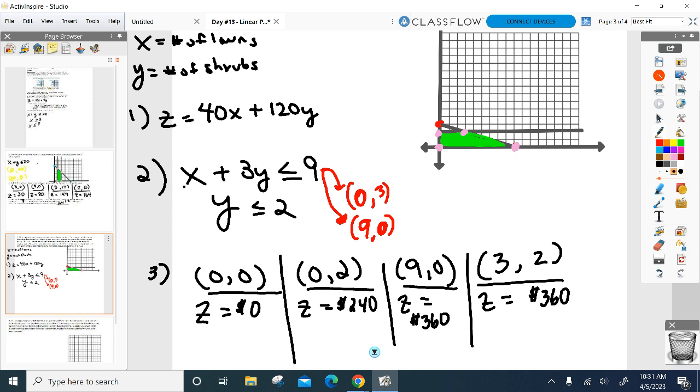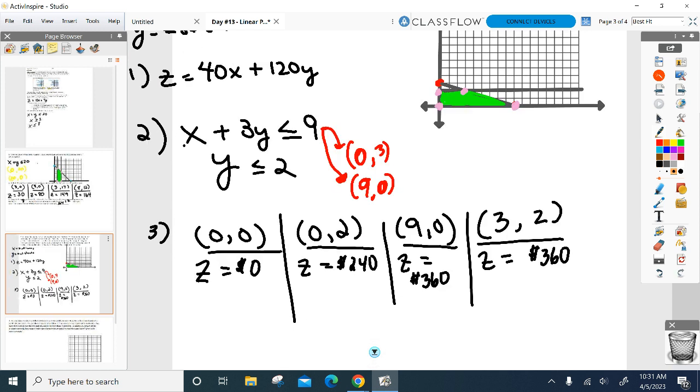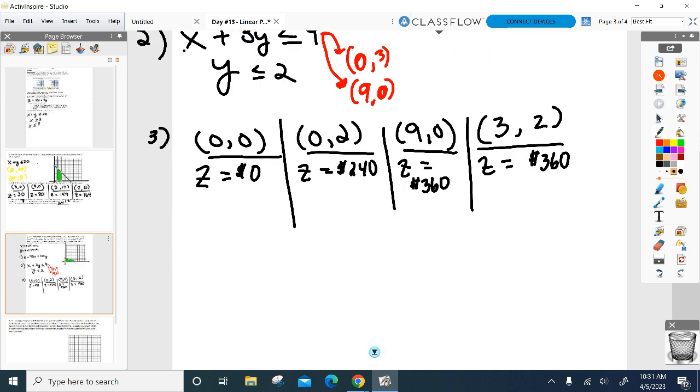2 ways. And I don't have fill in the blanks here for you. You're going to have to write a little conclusion statement here. And don't use X and Y. Lawns and shrubs, please. Not X equals, Y equals. Lawns and shrubs. So we have a max amount of $360 when 9 lawns are mowed.